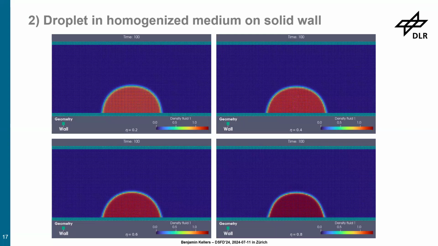So the blue area is partially solid. And what you see, the more solid we make it, maybe I run it again, the slower everything runs, because it is basically just a restrictive force for the fluid flow.